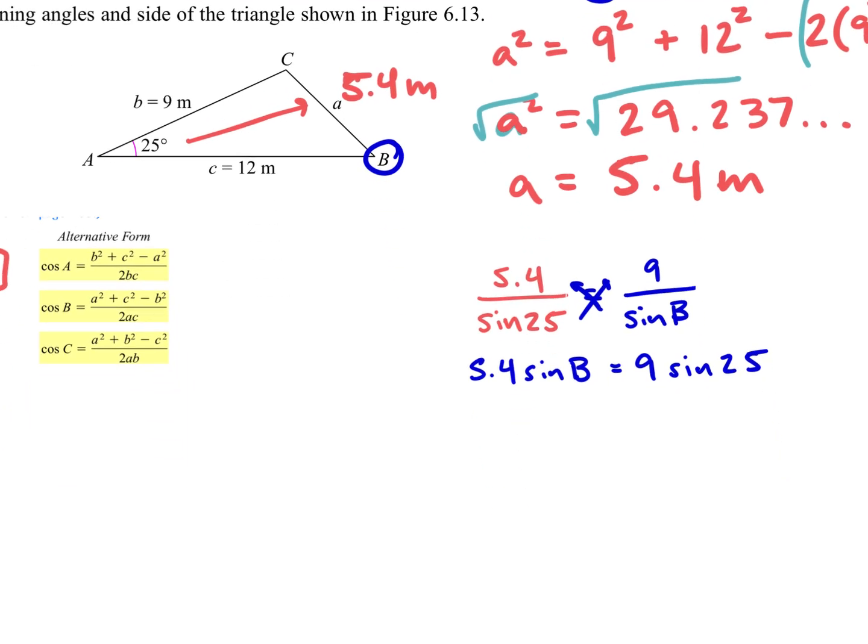And then divide both sides by 5.4. Then we're going to put this into our calculator. So we have 9 times sine of 25 divided by 5.4.